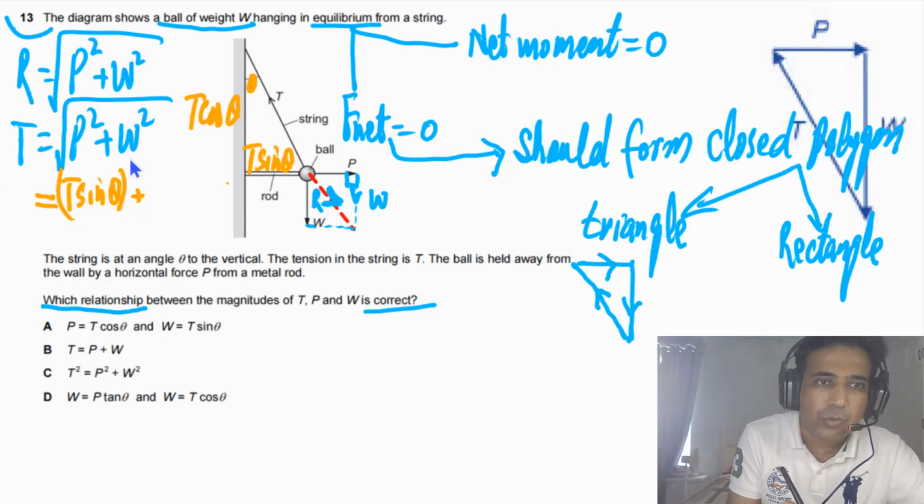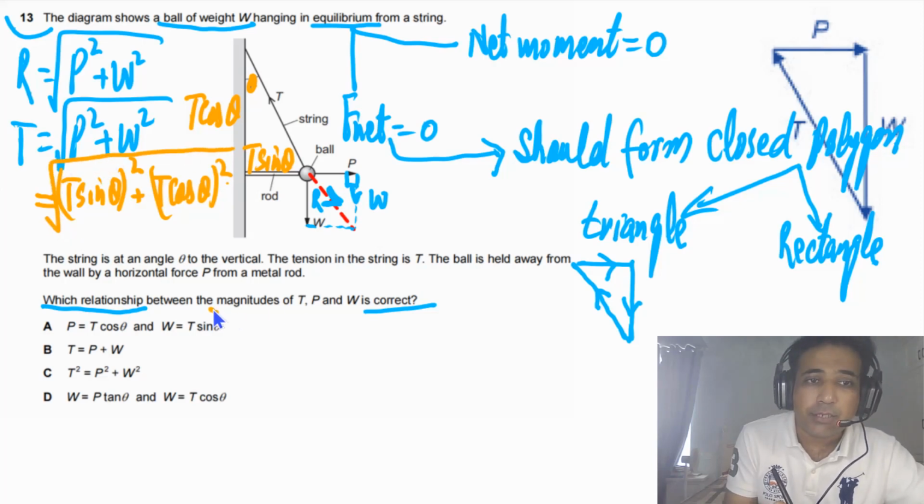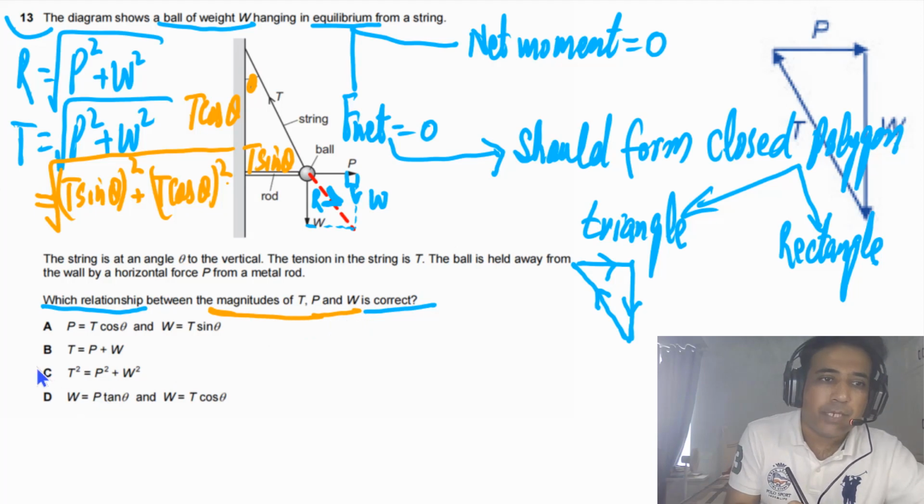So we have to take the square of this, and W has to be equal to T cosine of theta in magnitude but opposite in direction. So we can take the square of this one as well, because we are talking about magnitudes here. And the question is also asking you to find the relationship between magnitudes of T, P and W. So the answer for this question has to be C.